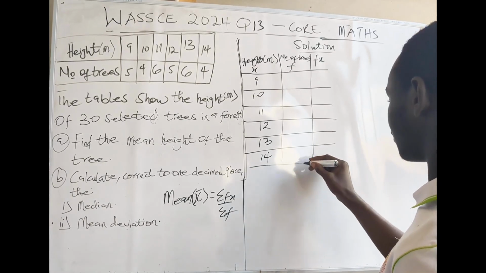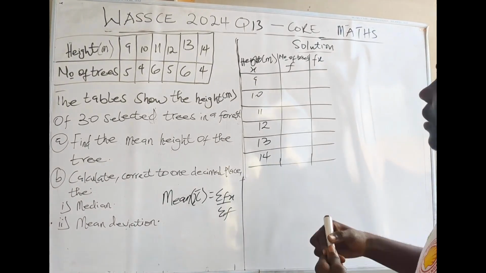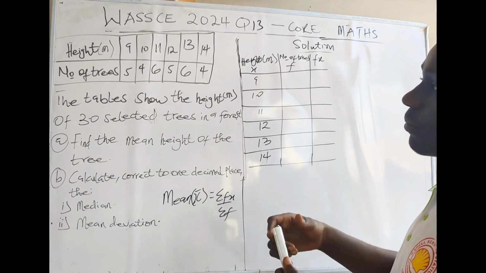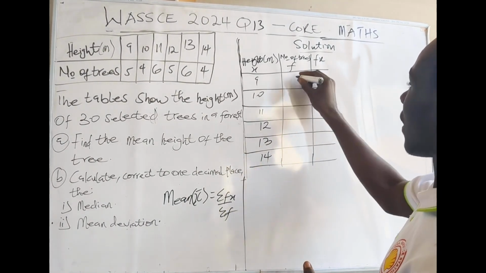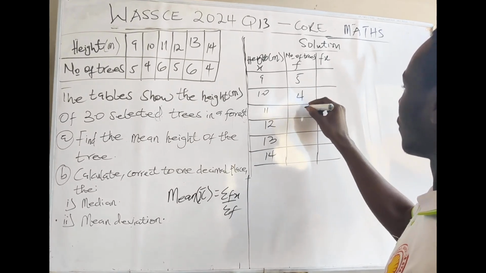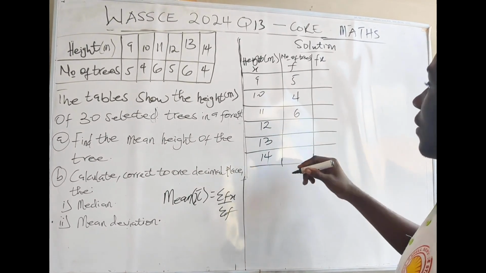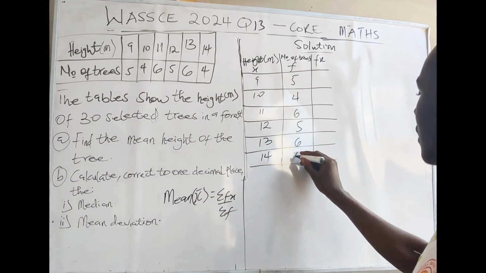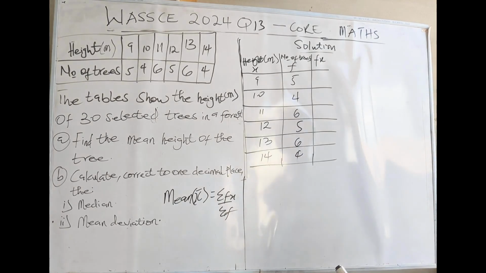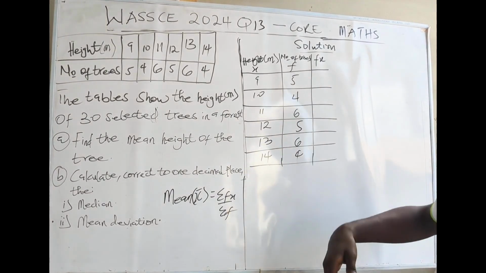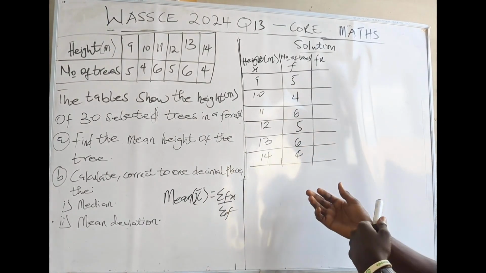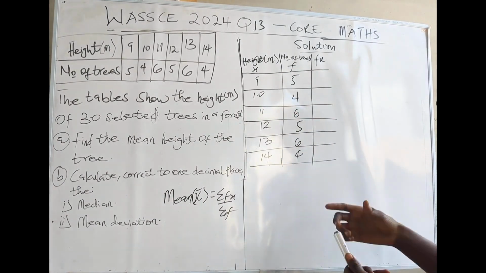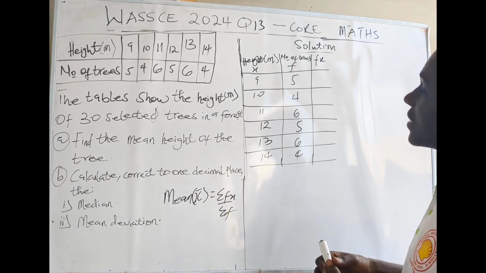And our frequency, that's the number of trees, is 5, 4, 6, 5, 6, and then 4. Here, you just need to multiply the height by the number of trees, that's x times f, to get our fx.